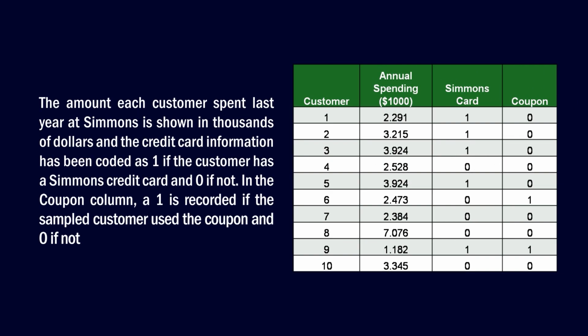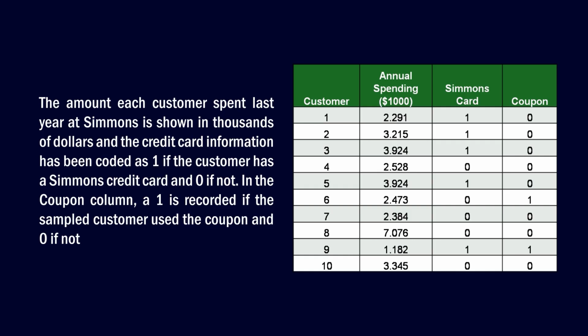We can see the data in this table, and you can see there are 10 customers in column 1. Column 2 gives the amount that the customer has spent, in thousands of dollars. Credit card information is in column 3, coded as 1 if the customer has a Simmons credit card, and 0 if the customer doesn't.